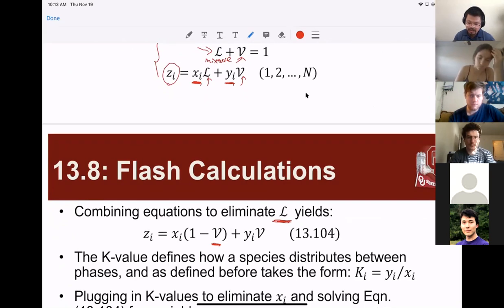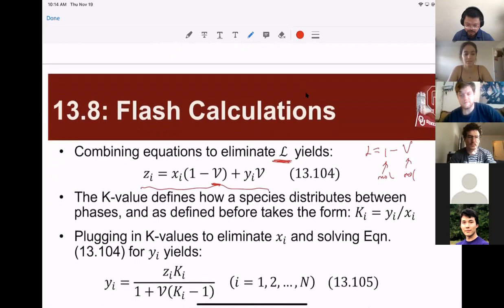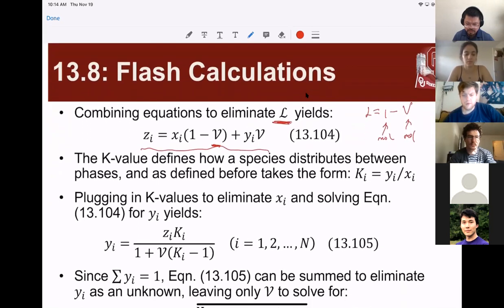So now liquid is simply 1 minus V. So this is 1 mole. This is V mole. Then we are going to receive this new equation over there. So what's the use of that equation? Well, we are going to have the Zi value, but on the right-hand side, we are going to have the Xi and the Yi.